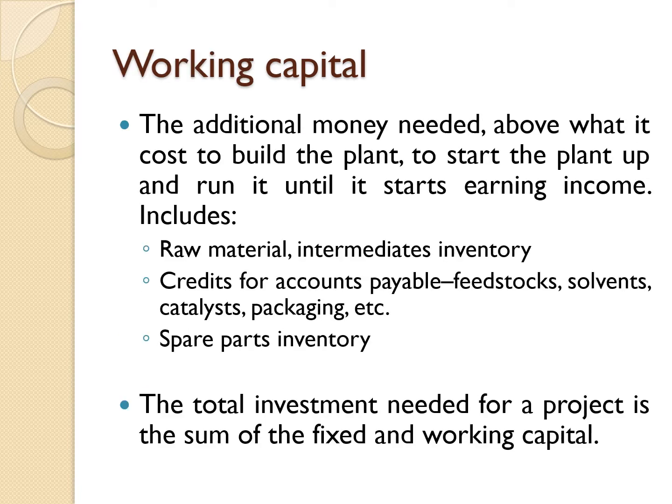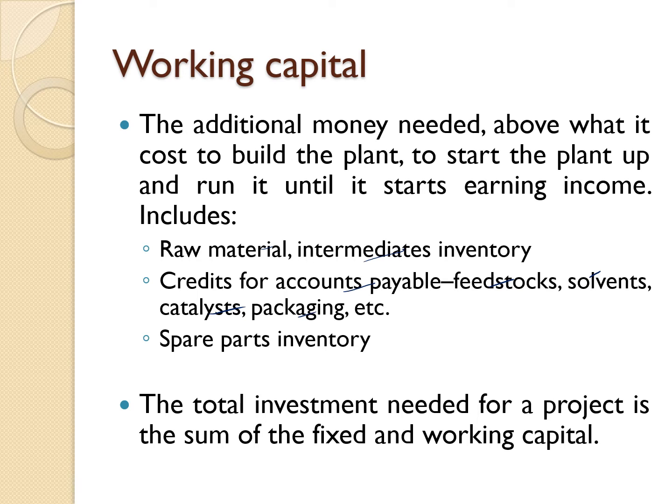The other type of cost is working capital. This working capital is the additional money needed above what it costs to build the plant, in order to start up the plant and run it. Before we start earning income, we need to have raw material, intermediate inventory, credit for accounts payable, fixed stock, solvent, catalyst, packing, and spare part inventory.